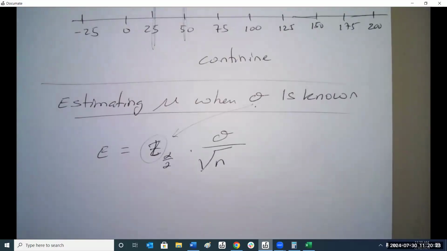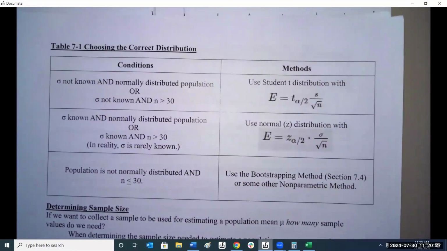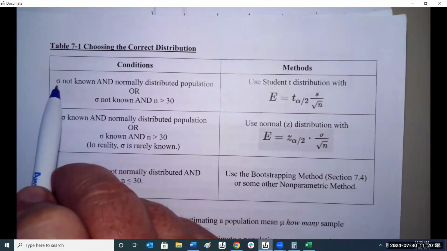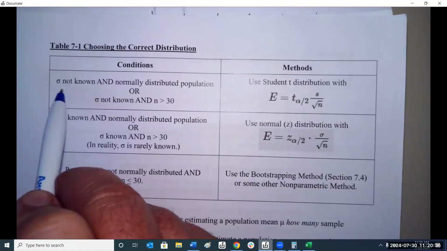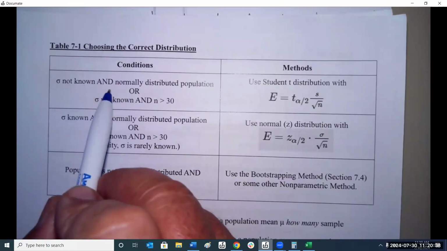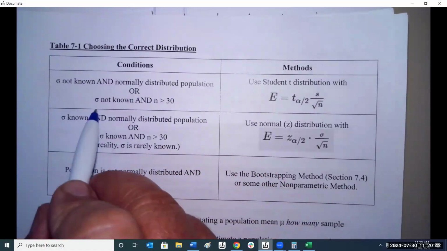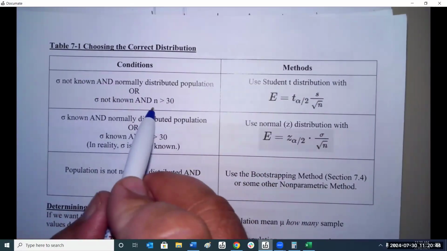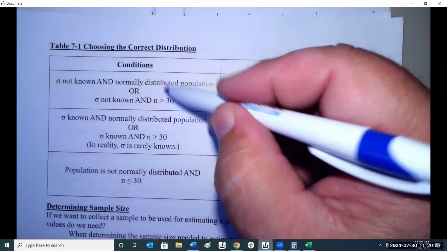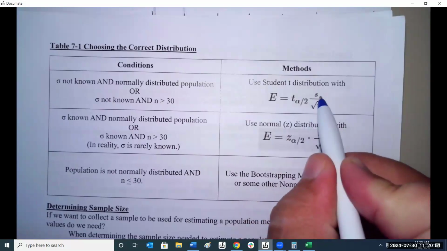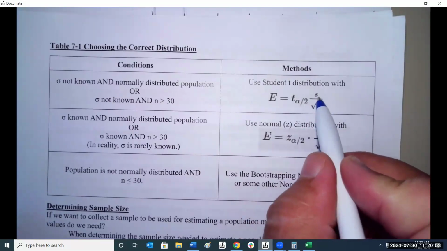Oh, this is important: choosing the right distribution. If the population deviation is not known and it's normally distributed, or the standard deviation is not known and n is bigger than 30, so it's one of these two, then we use a t-test and the sample deviation.